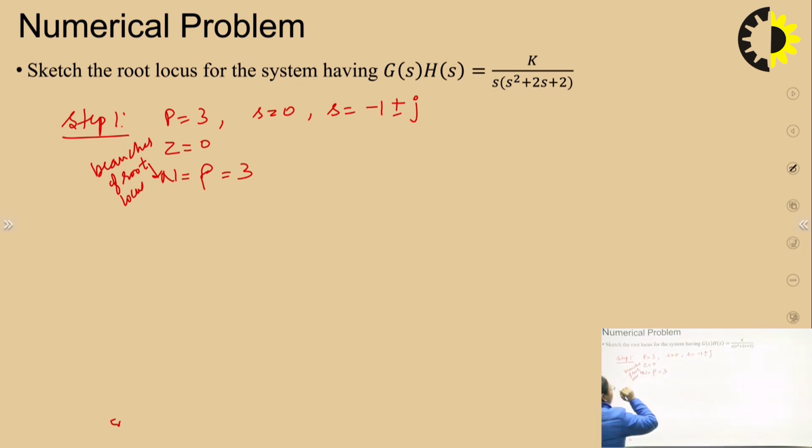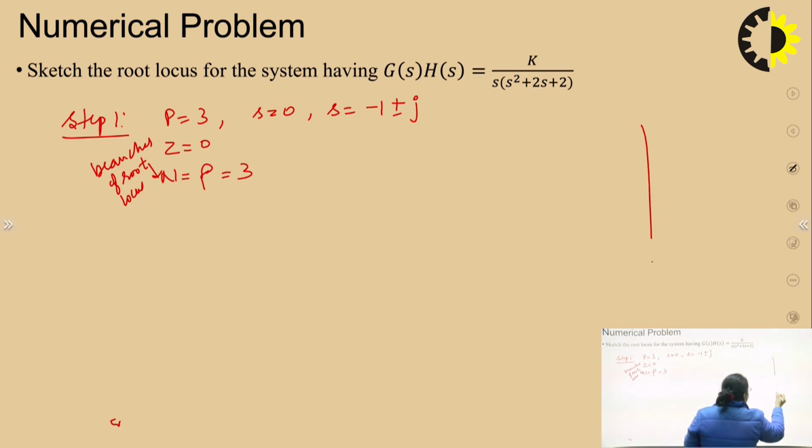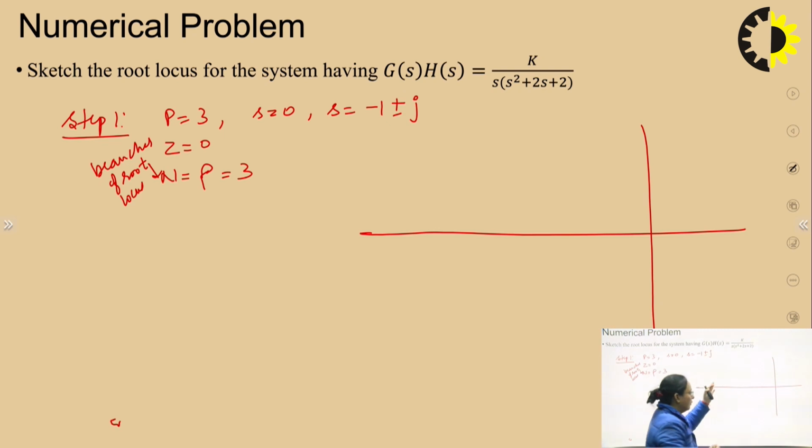So now let me first of all plot the poles and zeros. I am drawing the root locus graph step by step. The number of poles is 3. One is lying at s equals 0, and the others at -1 plus j and -1 minus j.